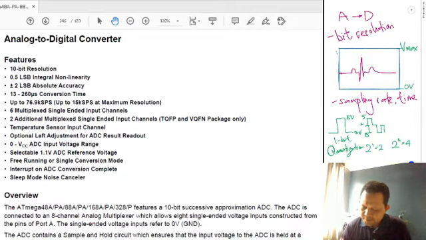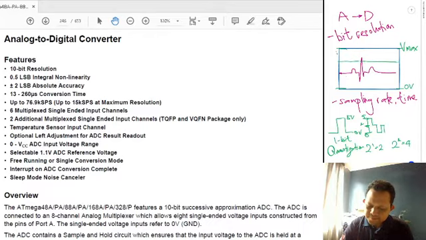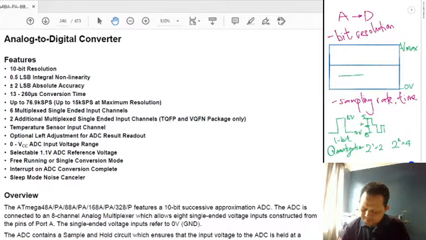So let's look at 2 to the power of 2, 4 levels. You can break it into 4 levels, 0, 1 over here.